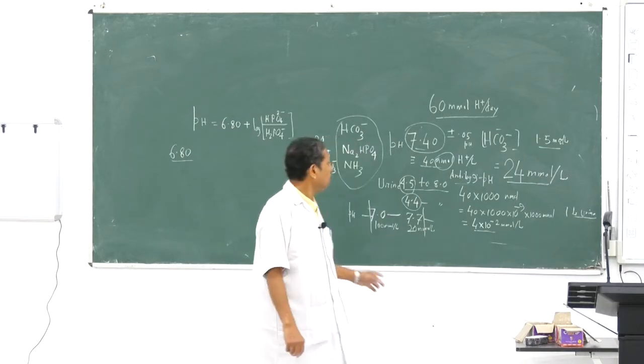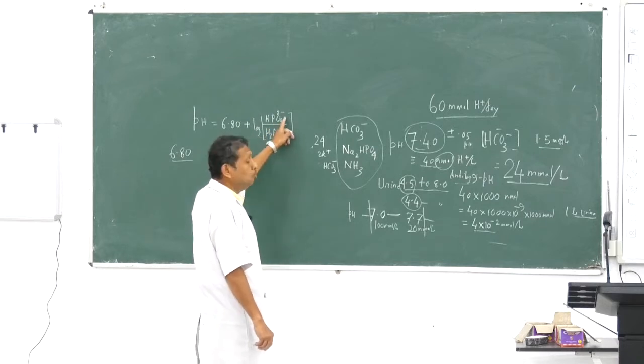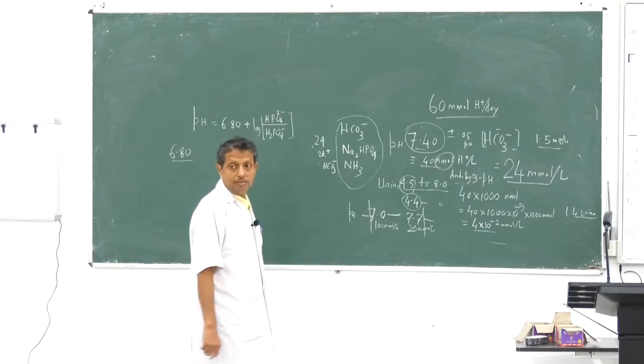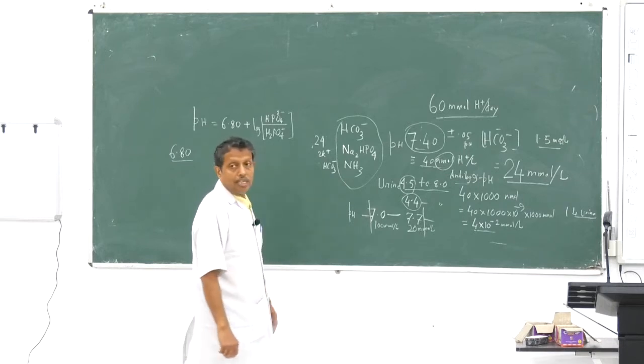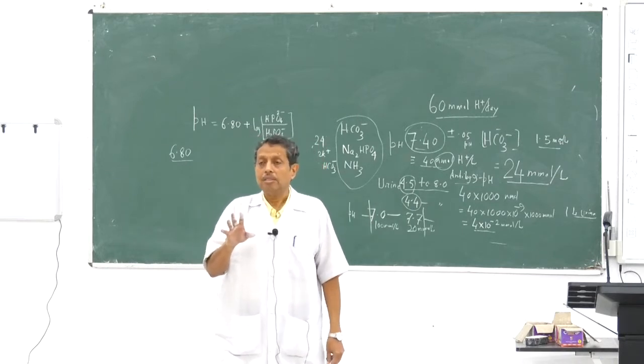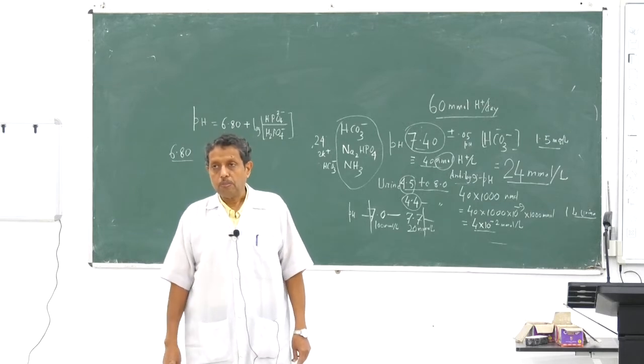And whenever there is a fall, there is a decrease of this numerator and an increase in the denominator. In this way, phosphate does have its role, but it has some capacity beyond which it is not possible.